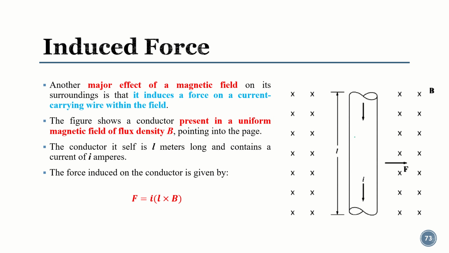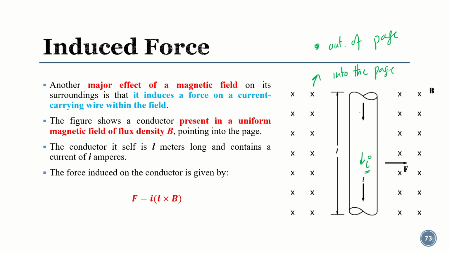For example, this is a wire and the current I is flowing through it. If this current is present in a magnetic field region, the cross shows a magnetic field into the page, and a dot tells us the magnetic field is out of the page.